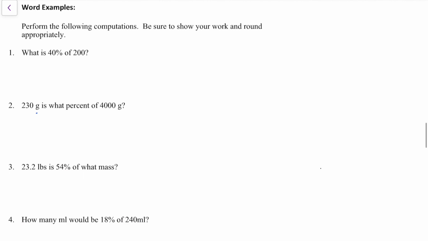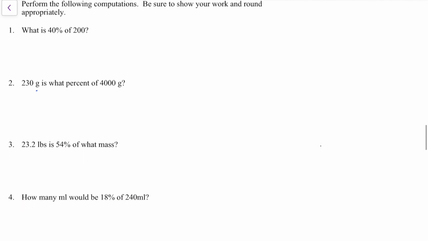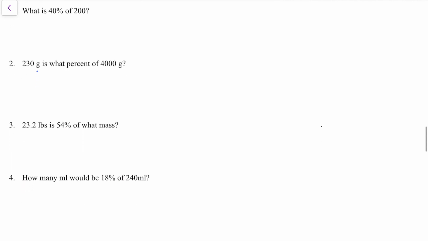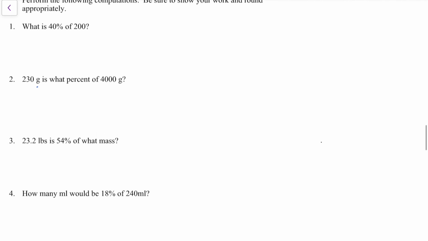Okay. So let's look at some word problems. So the first one, what is 40% of 200? So again, the first thing I'm going to do is try and pull out my base, my portion, and my rate. So what is 40% of 200? Well, 40% is my rate. 200 is my base, and I'm looking for my portion.